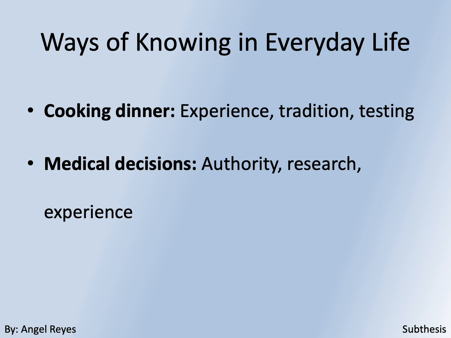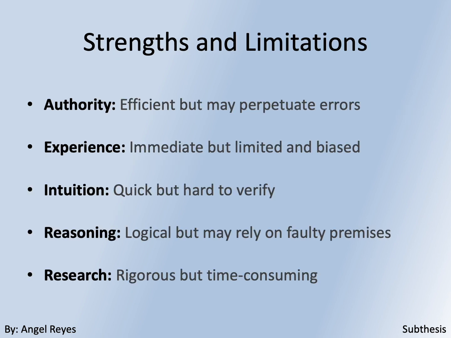Similarly, medical decisions often involve medical authority, research evidence, and personal experience. Understanding the complementary nature of different knowledge forms helps us appreciate how they work together in both everyday contexts and formal research.